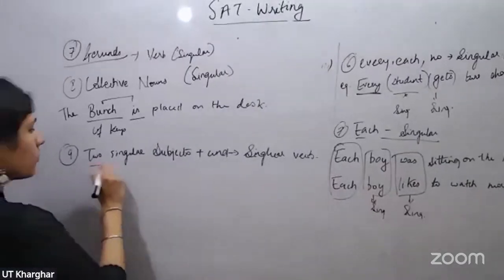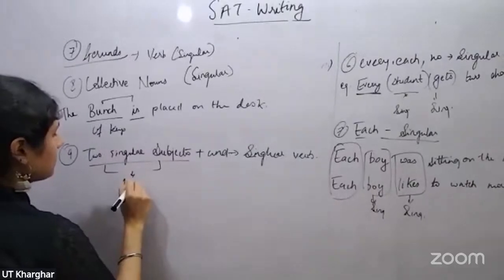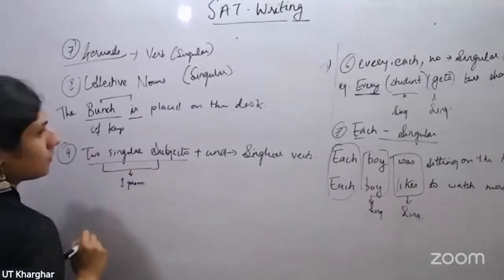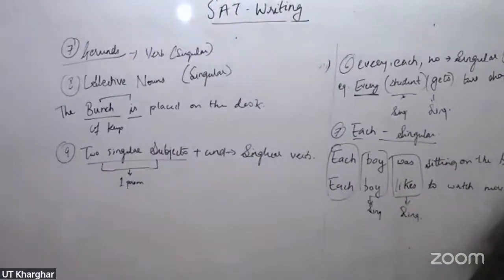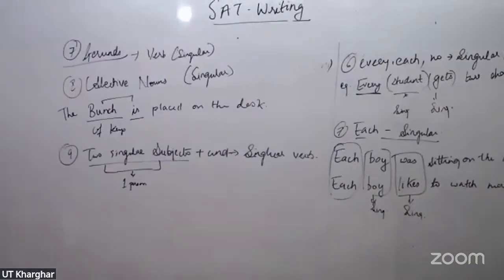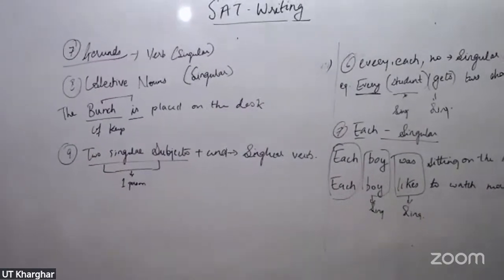But these two singular words should refer to one person. If I say the principal of my school is also the managing director of my school, so now what will I say?